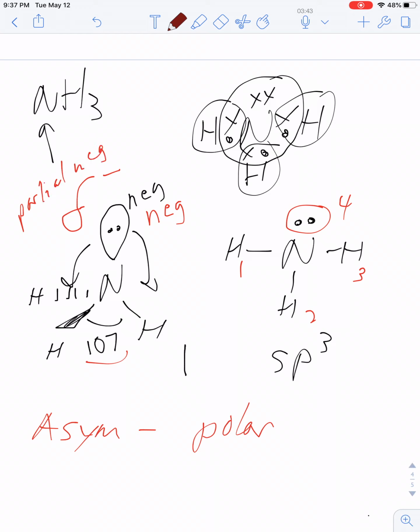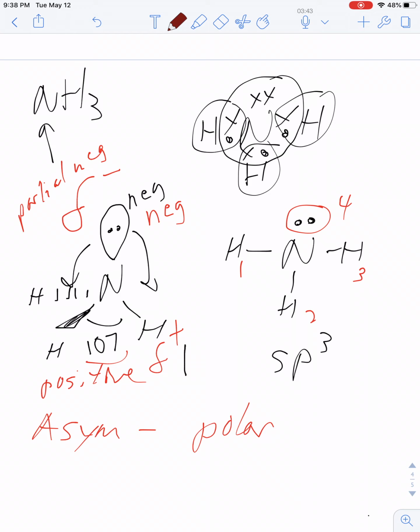Okay? The other side of the molecule looks like a partial positive, because if one side's negative, the other side must be positive. Okay? So we do that. All right?